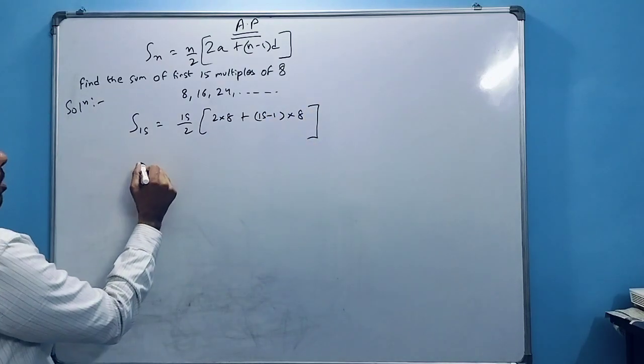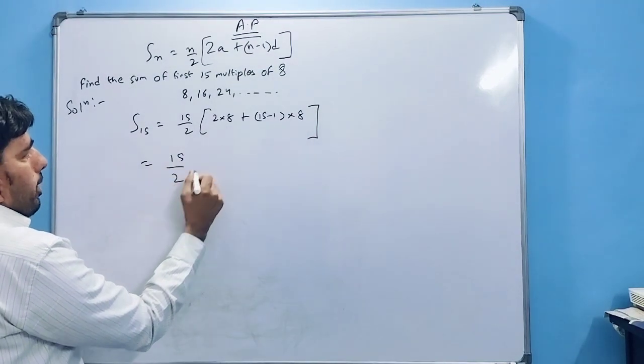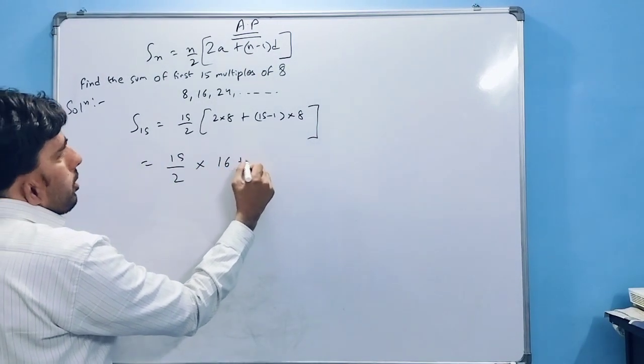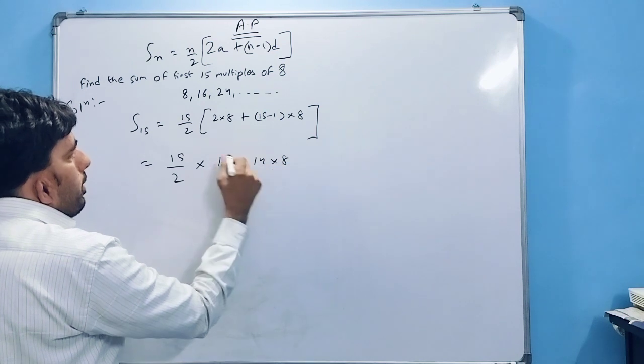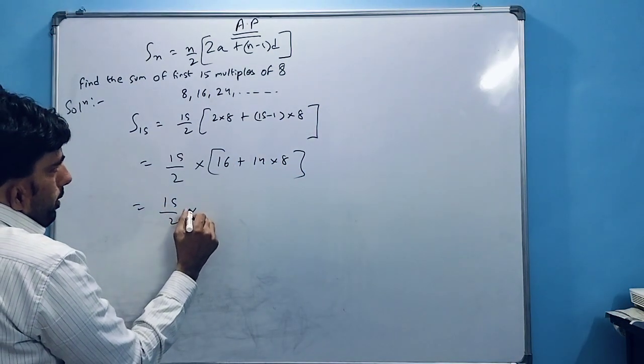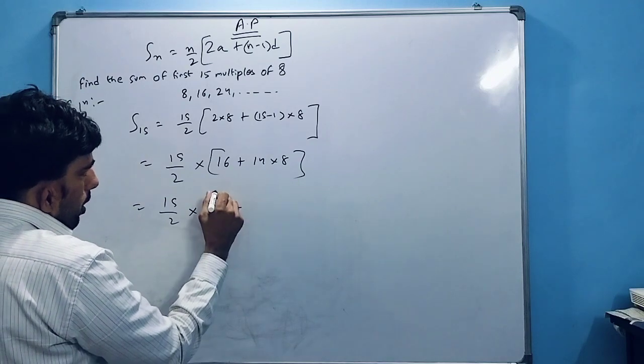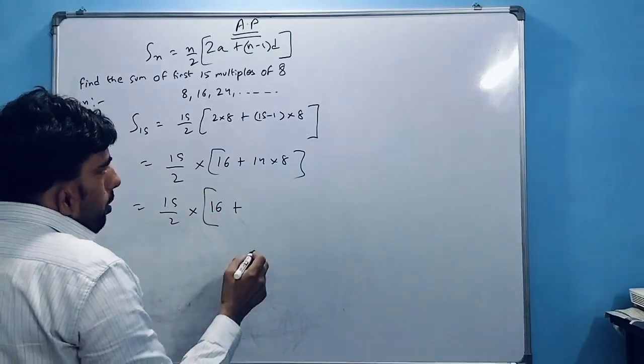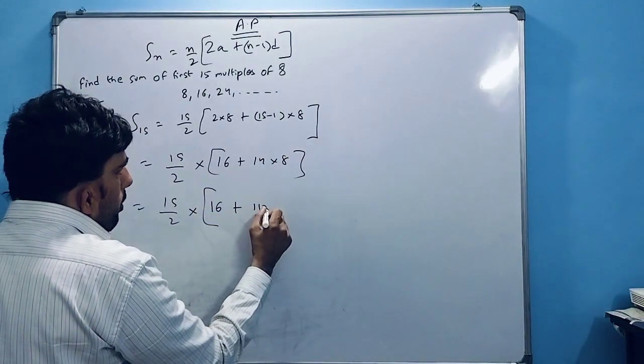So what I will get here, 16 plus 14 into 8. So now I got 15 by 2 into 16 plus 14 into 8, which is 112.